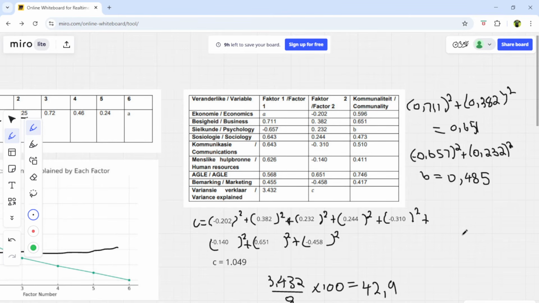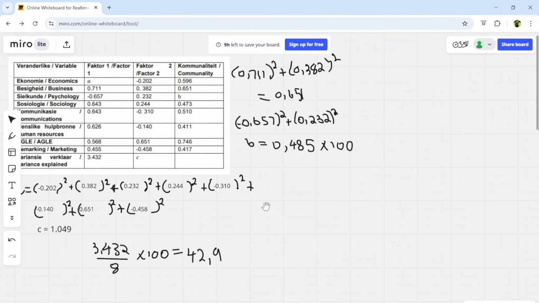So now, if they say interpret communality, you interpret it in terms of percentage. The number that you get here, you multiply it by 100. So at 0.485, you multiply by 100, and the number that you're going to get is 48.5.